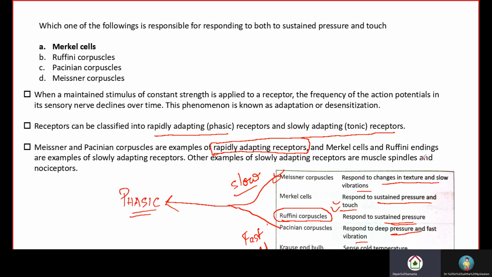And Merkel and Ruffini are slow adapting receptors, that is tonic. Other examples of slow adapting receptors are muscle spindles and nociceptors, the pain receptors. Nociception.